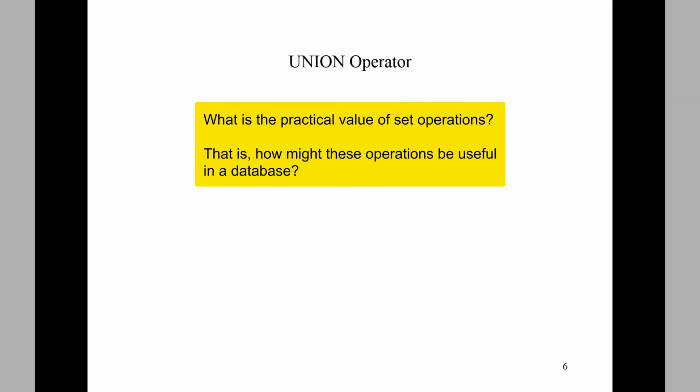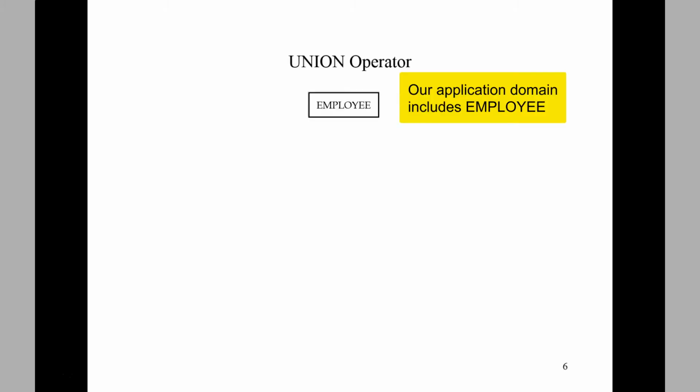Before we consider any examples in SQL involving the set operators, let's consider why these types of operations are of practical use. Consider, for example, in our conceptual design, as we developed our data model, we discovered an employee as an entity type.